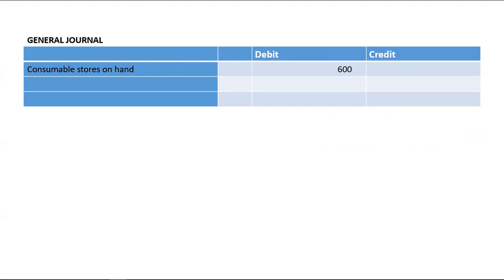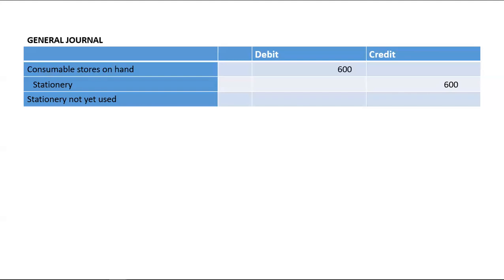And for it to go down, given that it goes up on the debit side, when it goes down, it will go down on the credit side. That's why we credit stationery by 600. And this is the stationery that we haven't yet used. So this is where everything starts. Okay.